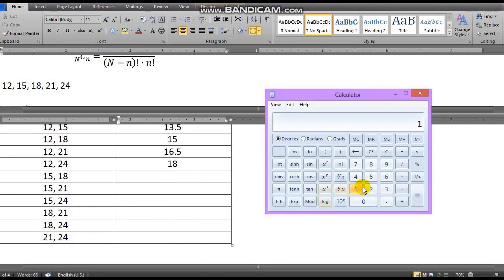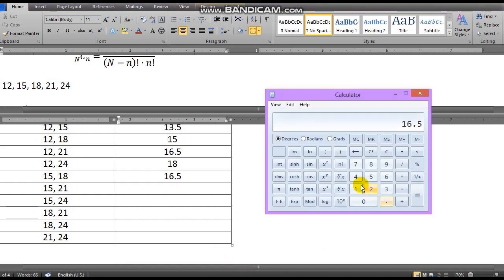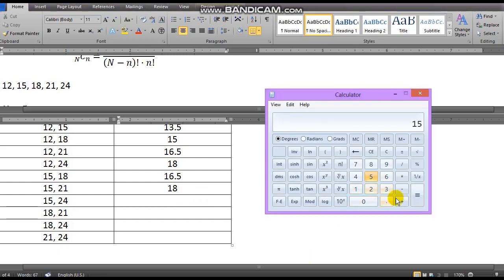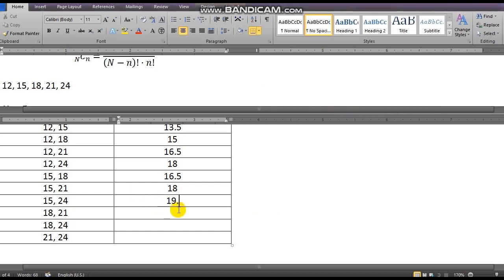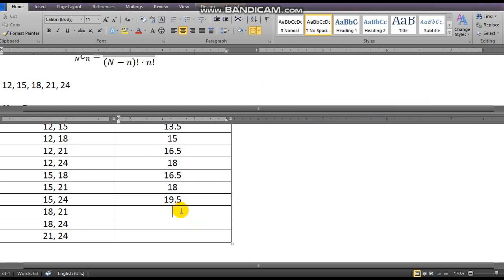For 15 and 18, 15 plus 18 divided by 2, that is 16.5. Next, we have 15 plus 21 divided by 2, that is 18. Also have 15 plus 24 divided by 2, that's 19.5. 18 and 21, that's 18 plus 21 divided by 2 is 19.5.